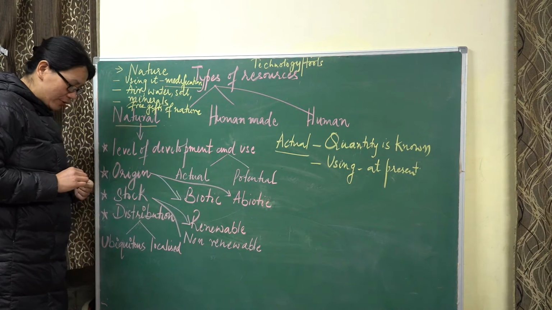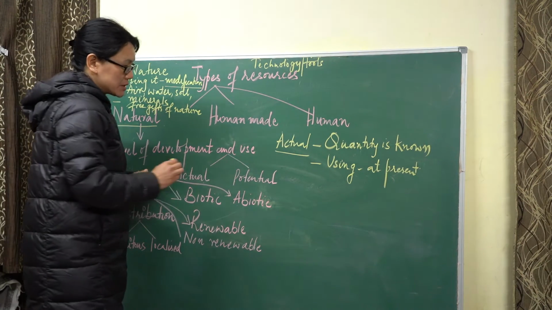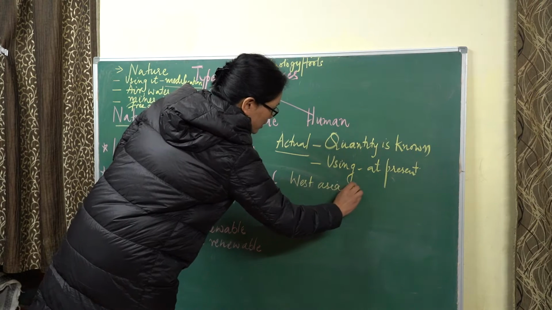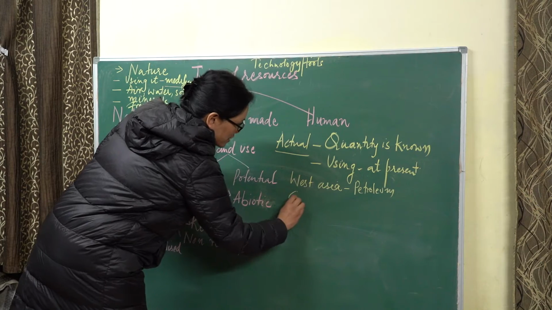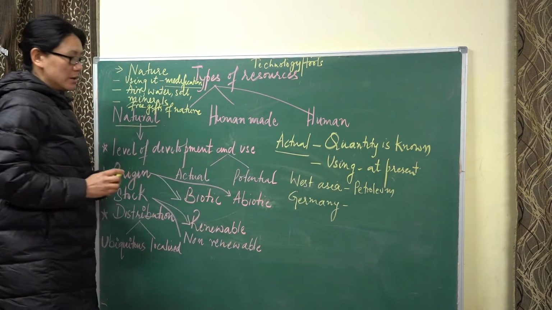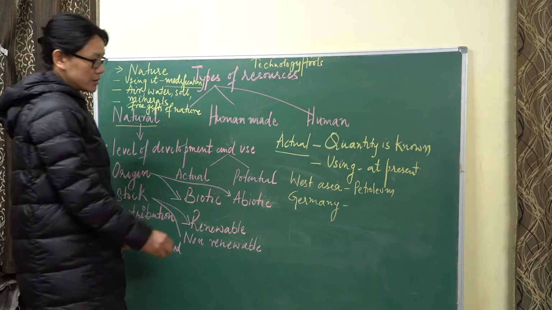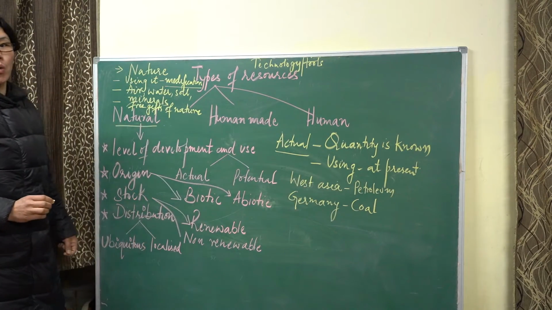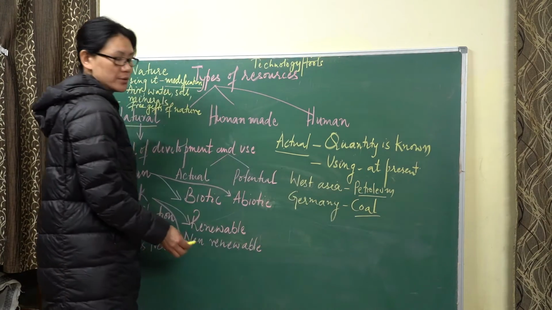Now we have a few examples here. In West Asia, petroleum, right? It is given in your book. And in Germany, there is a region called the Ruhr region. In that, the resource available is coal. So actual resources: petroleum and coal.